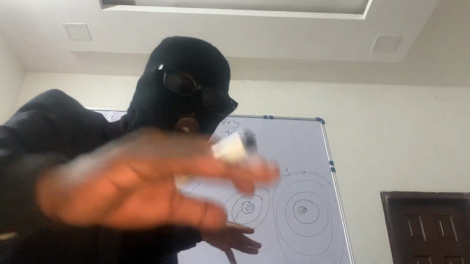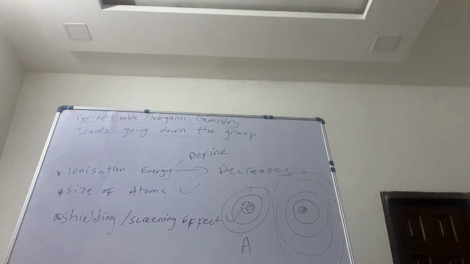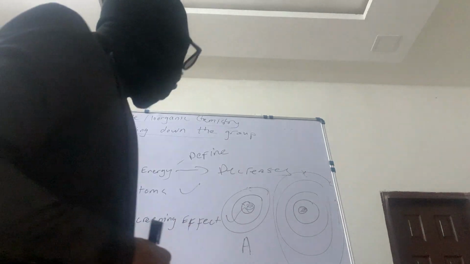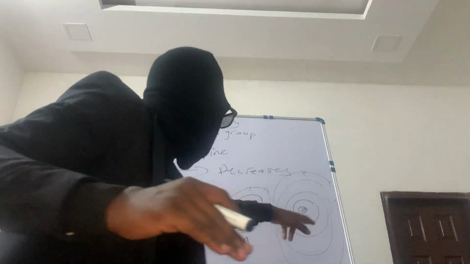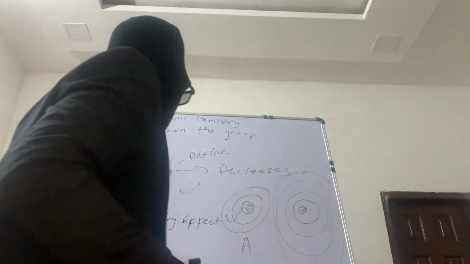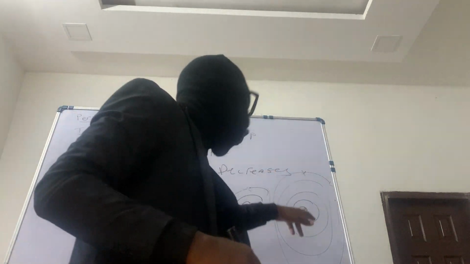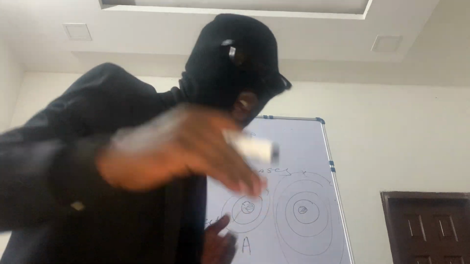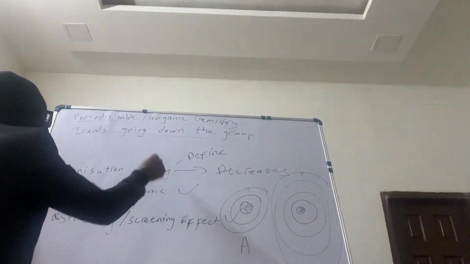Why? Simply because of the difference in the atomic radii. I don't know if you are getting me, but I hope so. The difference in the atomic radius is the one that results in this one having more ionization energy and this one having less ionization energy, because of the difference in the size of the atom.